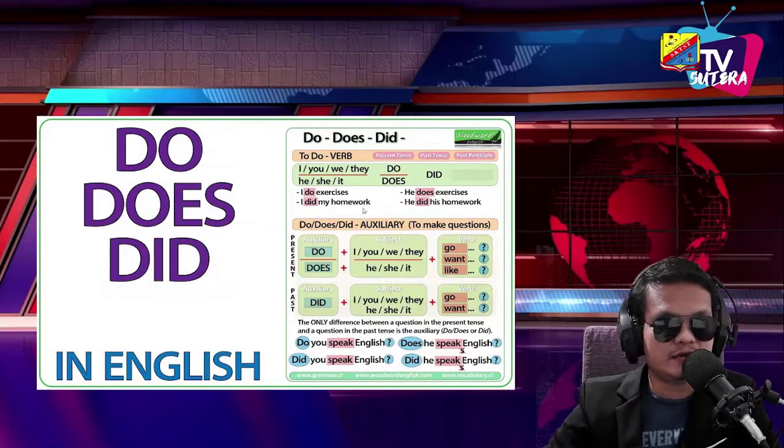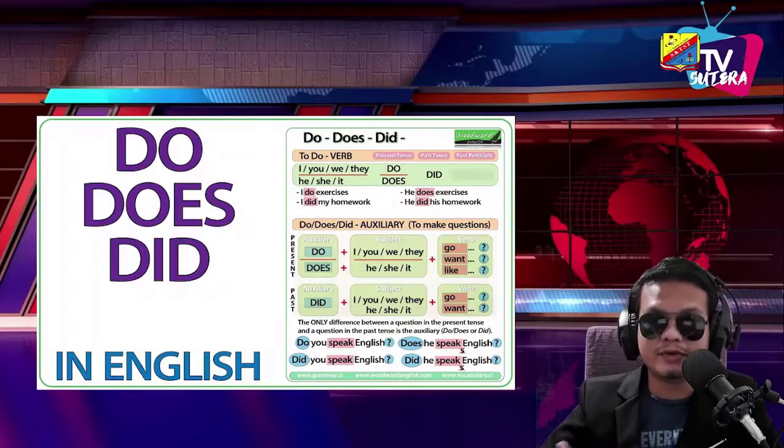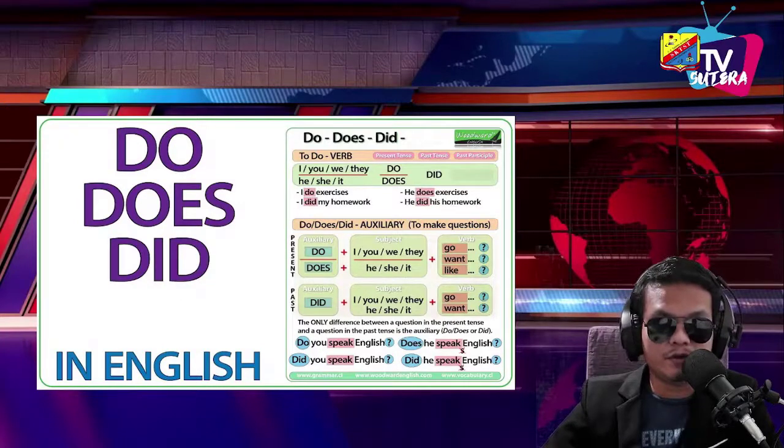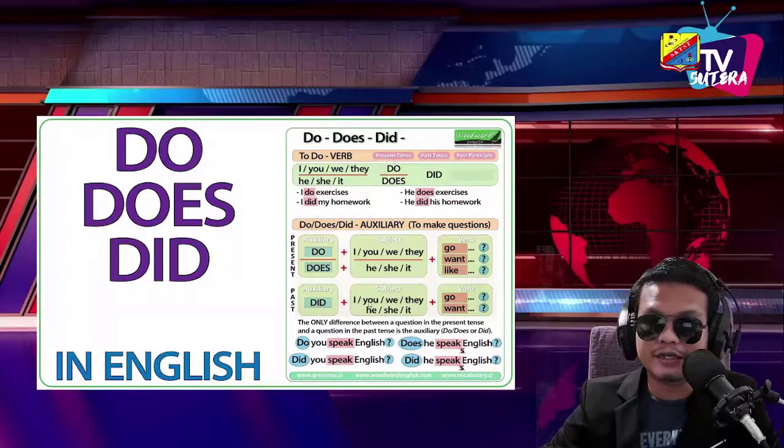Now, let's look at past tense for the word did. When we ask questions using did, we can use both plural and singular. As you can see here: I, you, we, they, he, she, it. We can use it with both plural and singular pronouns.